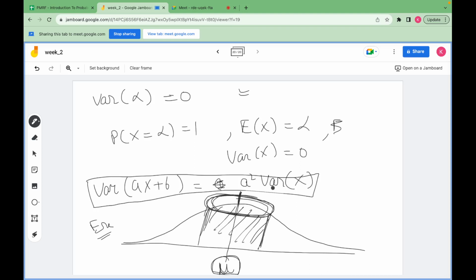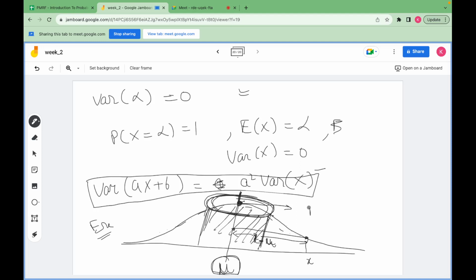And variance will tell how far all the other outcomes are from their mean value. So this is the mean value, but this point is far from this mean value. This is some x and this value is x minus mu.